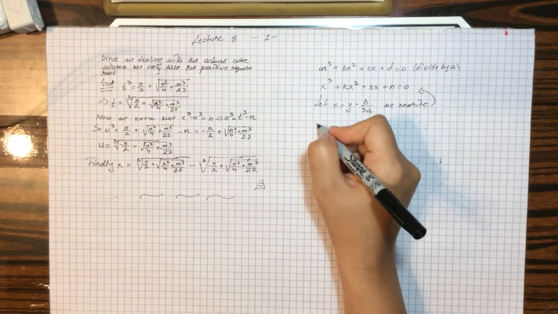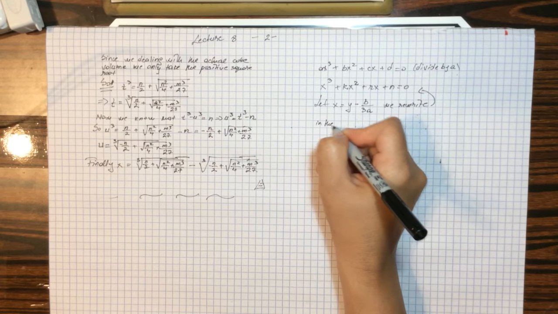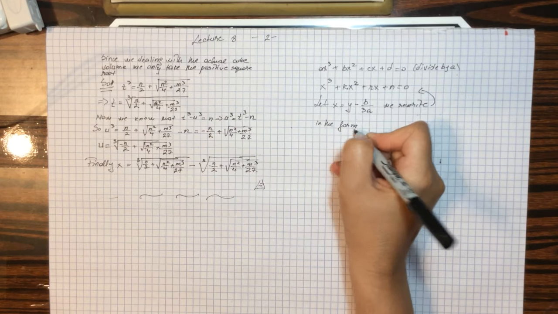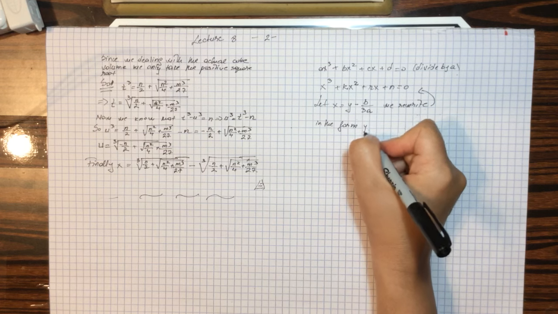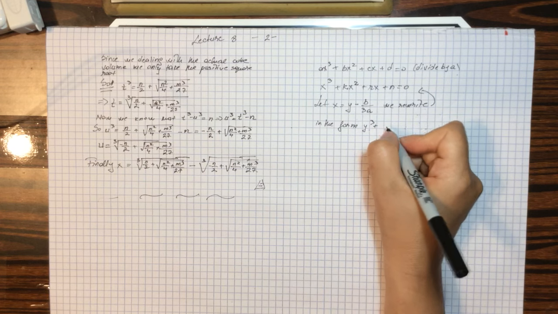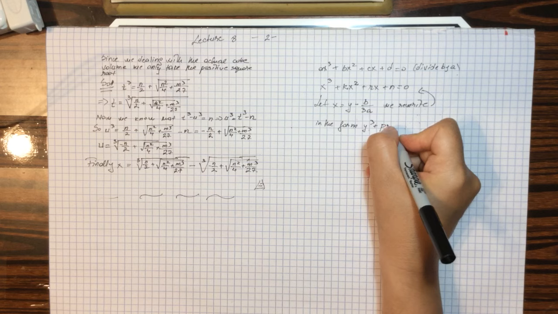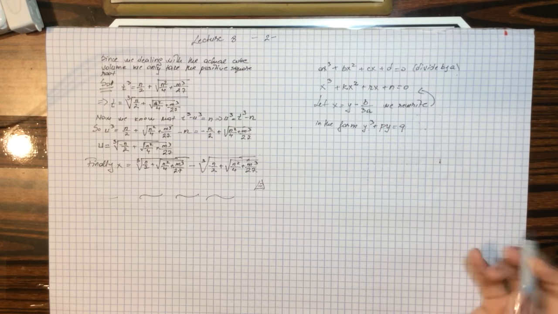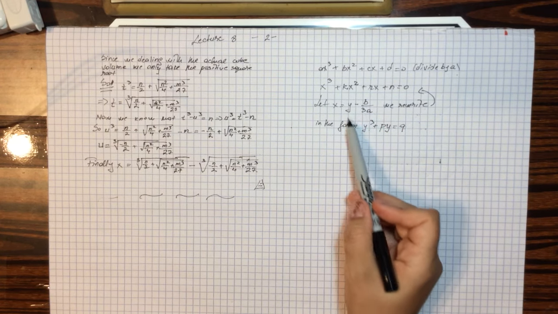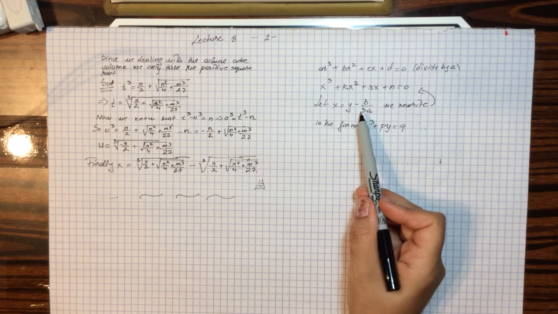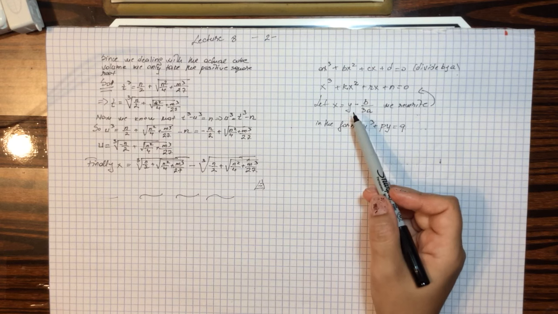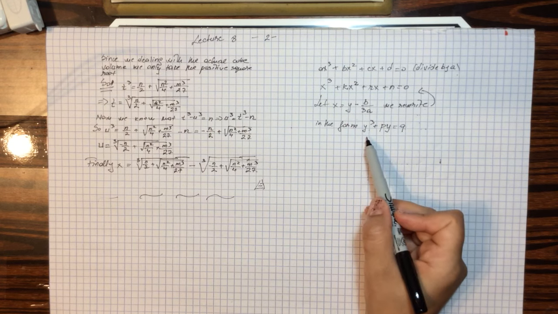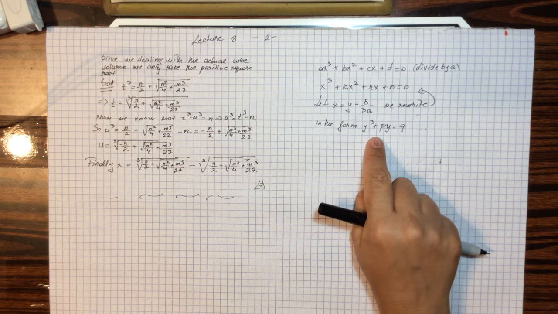In the form y to the third plus py equals q. So if you were to substitute x with this other quantity, then after some rearrangement in algebra, certainly you come to the depressed cubic form which Cardano knew how to solve from before.